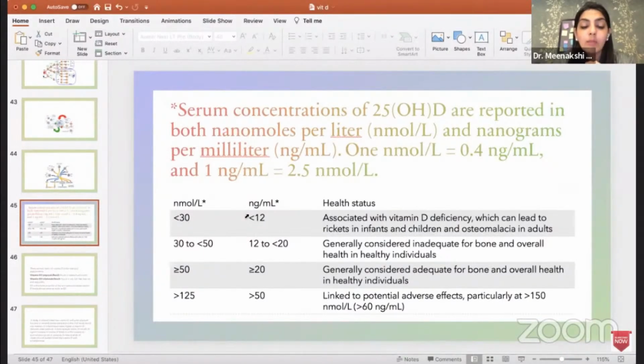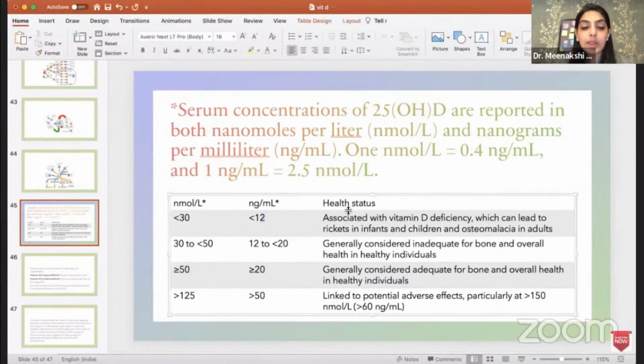अगर हम नैनोग्राम पर मिलीलीटर से देखें, अभी मैं जहां बात कर रही थी उसमें less than 20 लिखा हुआ था, but if we look at less than 12, this is associated with rickets in infants and osteomalacia in adults. This is a very low level, और अगर हम 12 to 20 के रेंज में देखें, so this is generally considered inadequate. ये insufficiency हो गई. अगर 20 के ऊपर है, नैनोग्राम पर मिलीलीटर पे ही बात करते हैं, and this is considered adequate.